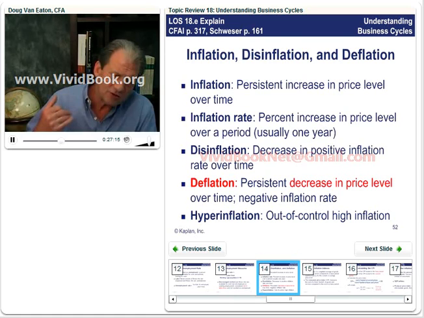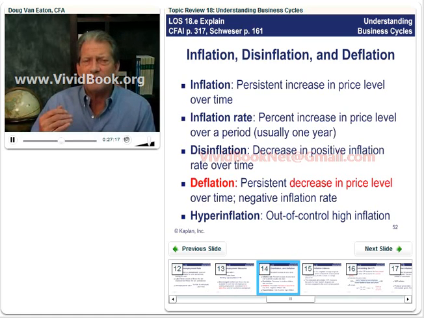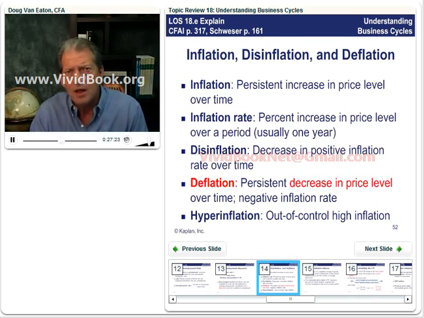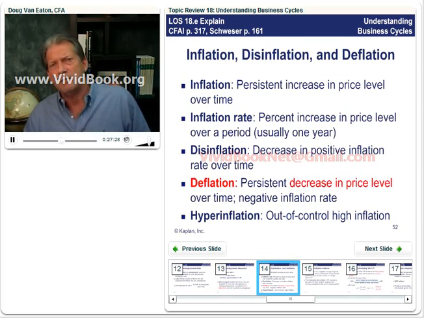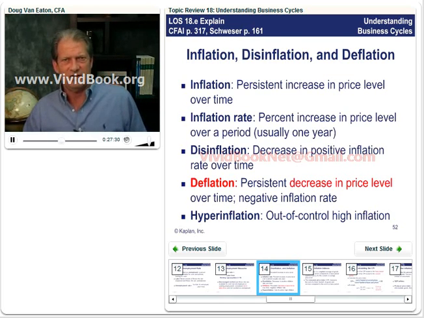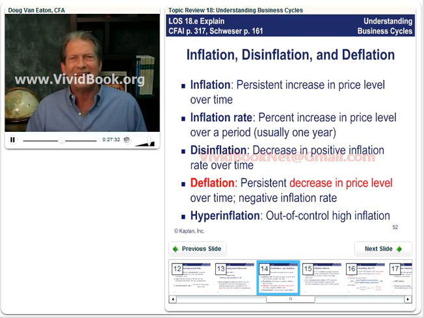So if inflation's been running at 4%, the policymakers are trying to bring it down, and it goes down to 3% and 2%, that's disinflation. Deflation is quite a different thing, which is why I put it in red here. It's a decrease in the price level over time, a negative inflation rate. And for reasons we won't discuss here, policymakers and economists think that this deflation, you really don't want to have that.